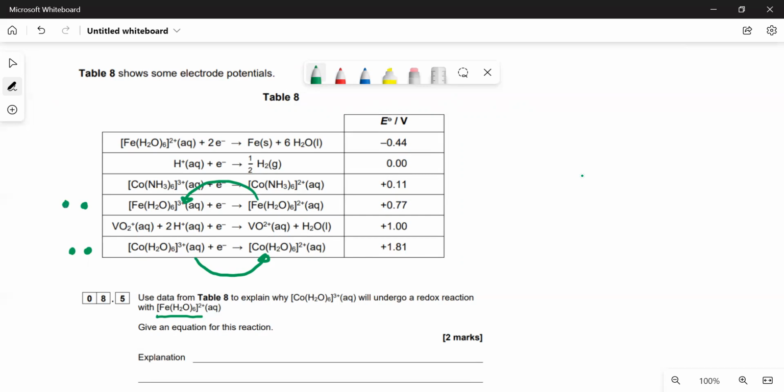Now the equation, we've got to combine those two half equations. Each one is one electron, so we don't need to do any multiplying, we just need to write it down. So we're going to have cobalt hexaaqua 3 plus, it's going to react with the Fe2 plus.